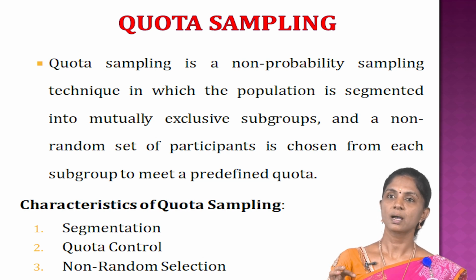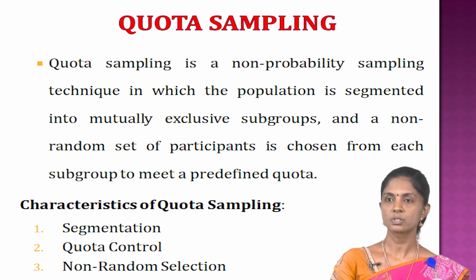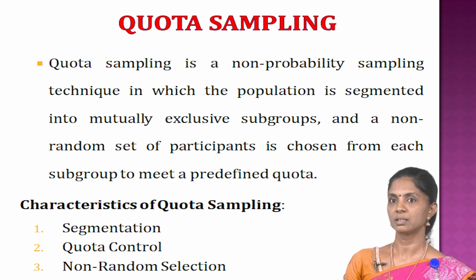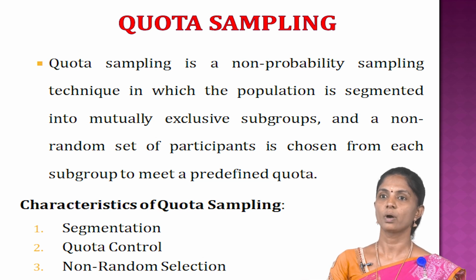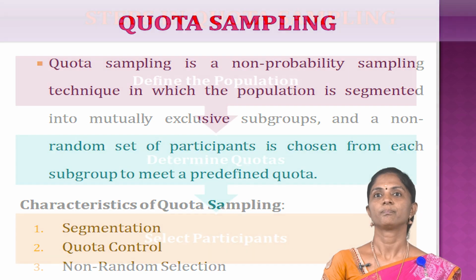However, the non-random selection process can introduce bias and limit the generalization of the findings. Researchers should use quota sampling when subgroup representation is critical and resources are limited, while being mindful of these limitations and potential biases.